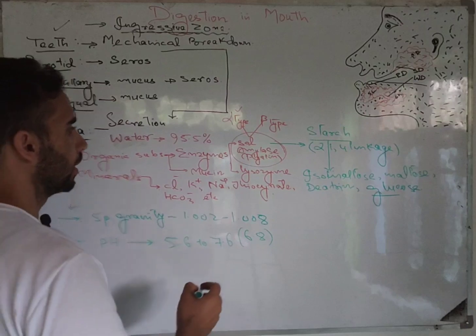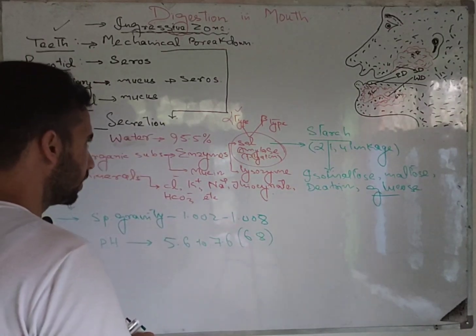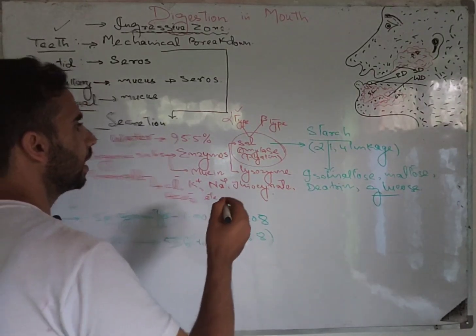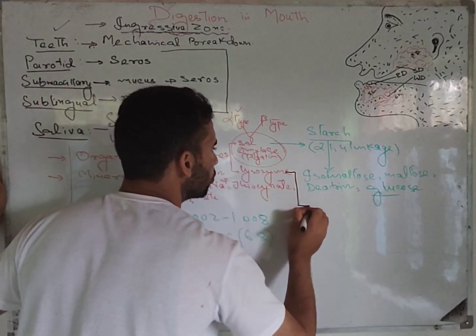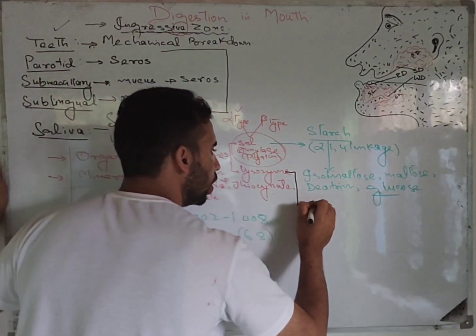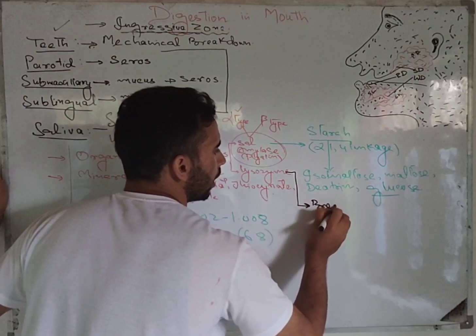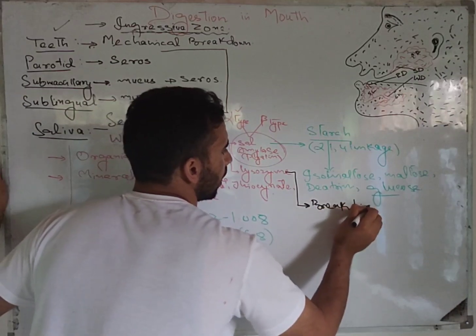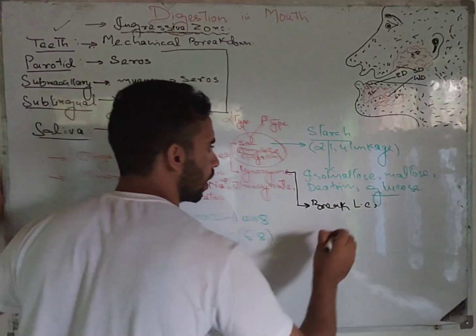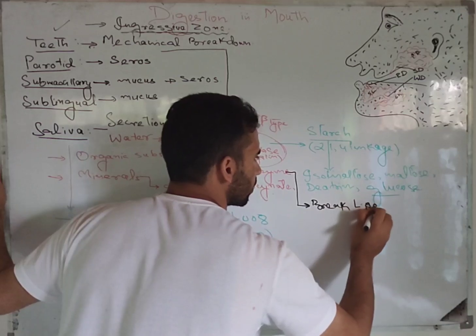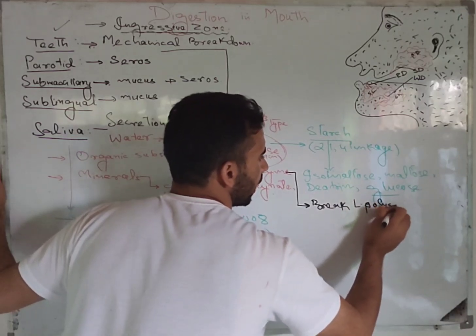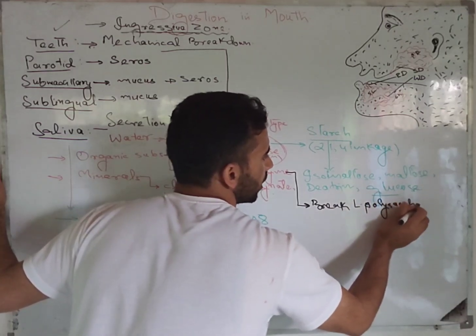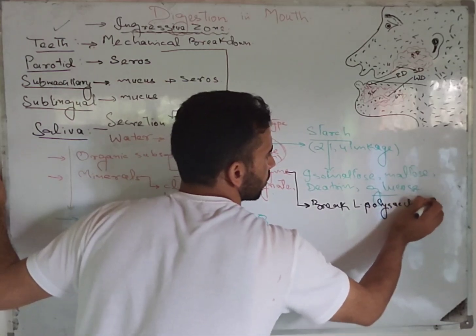And then we should know the role played by the lysozyme. Lysozyme has the ability to break larger and complicated polysaccharide units. Why?